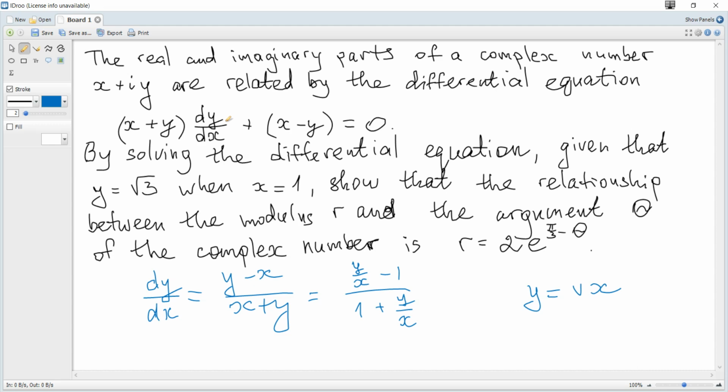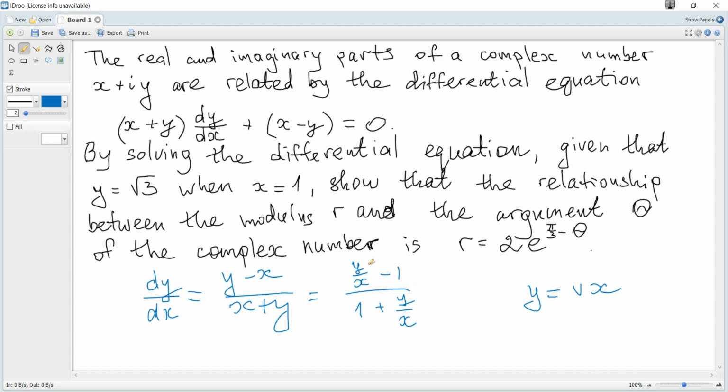The second option is by integrating factor, but it must be of a certain form. This form is given in a data booklet, and definitely it's not that equation. And the last, third option is when the derivative is of y over x, and we solve it by the substitution.